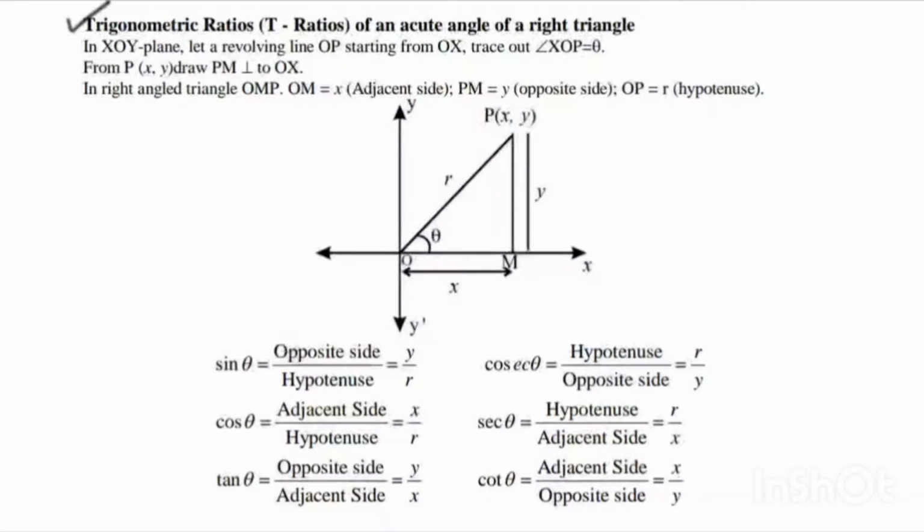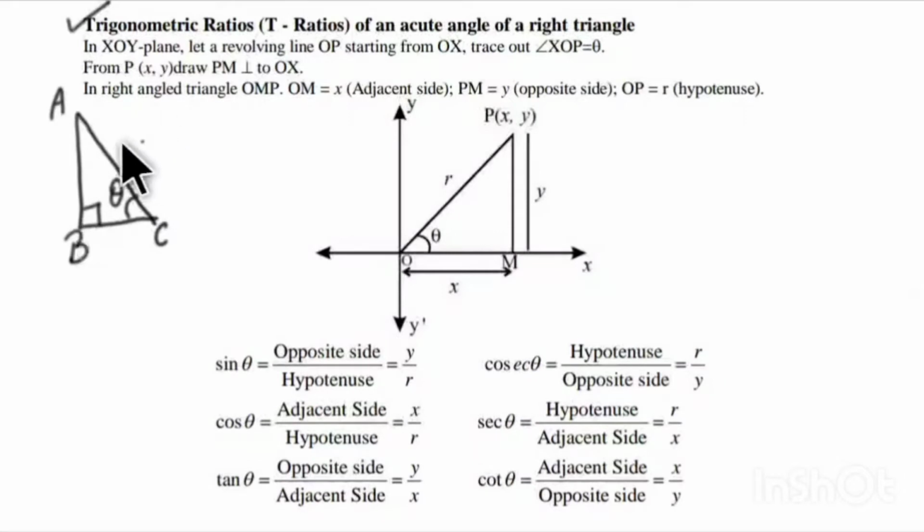Before seeing this formula, first we will see what is hypotenuse, what is base, and what is perpendicular. Let us take a right angle triangle ABC, in which B is the right angle and the angle made at point C is theta.